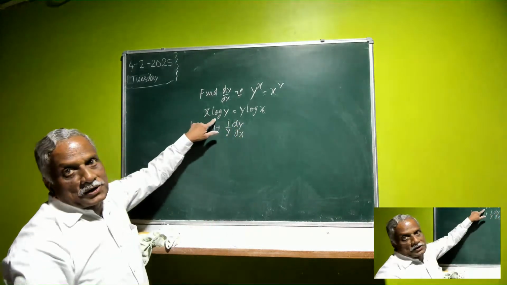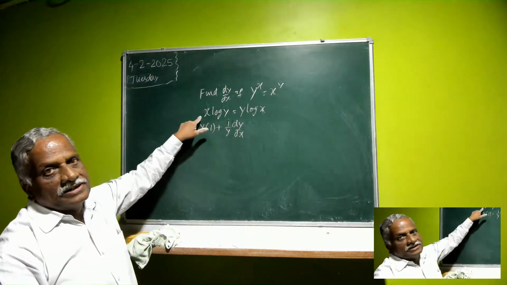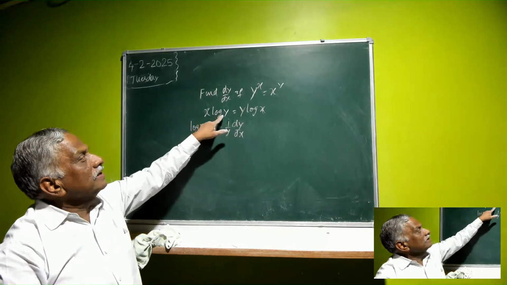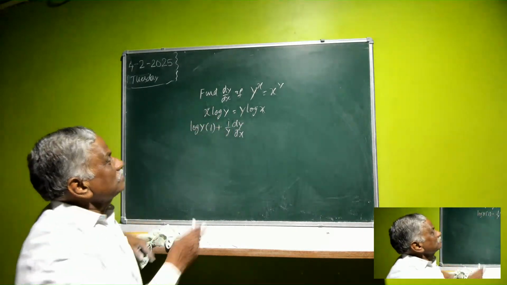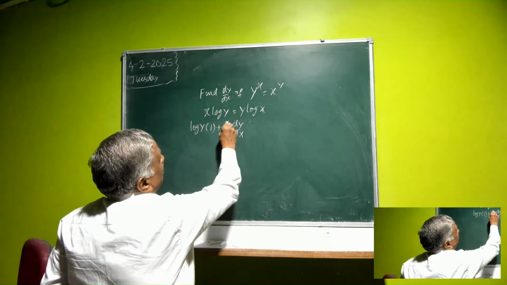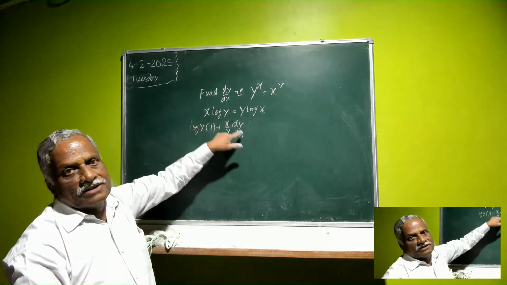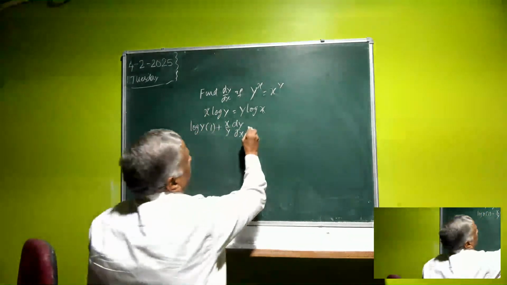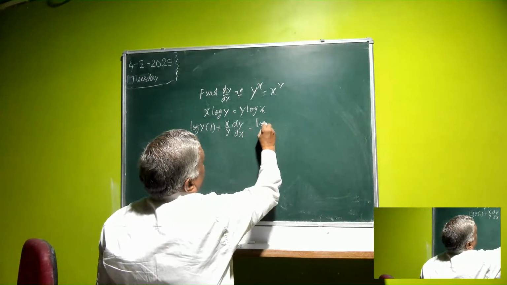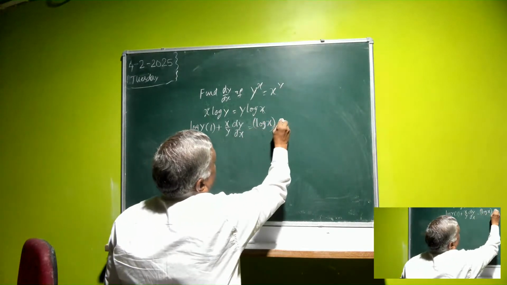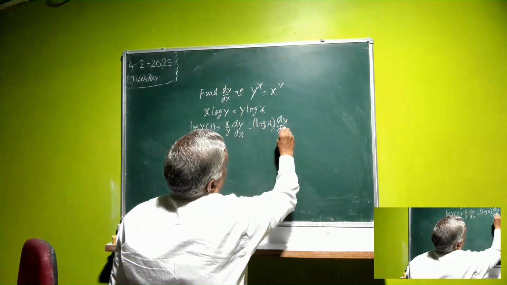I am using product rule. Keep log y, differentiate x, you get 1. Keep x as it is, differentiate log y, 1 by y, and y is dy by dx. Here, keep log x as it is, differentiate y, you get dy by dx.